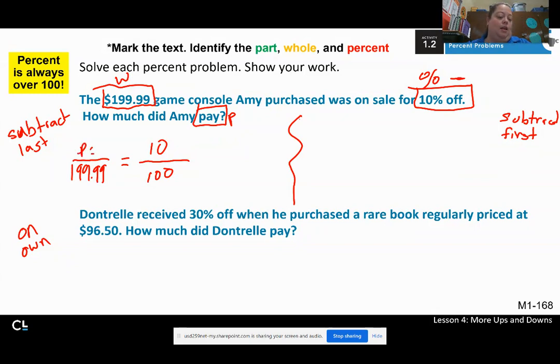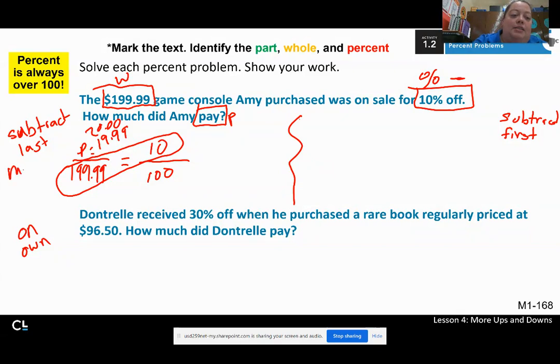So again, using my calculator, all right, so I can either decide to do $19.99 or $20. All right, so I'm going to do $19.99. You could also do $20, based off of how you want to round.